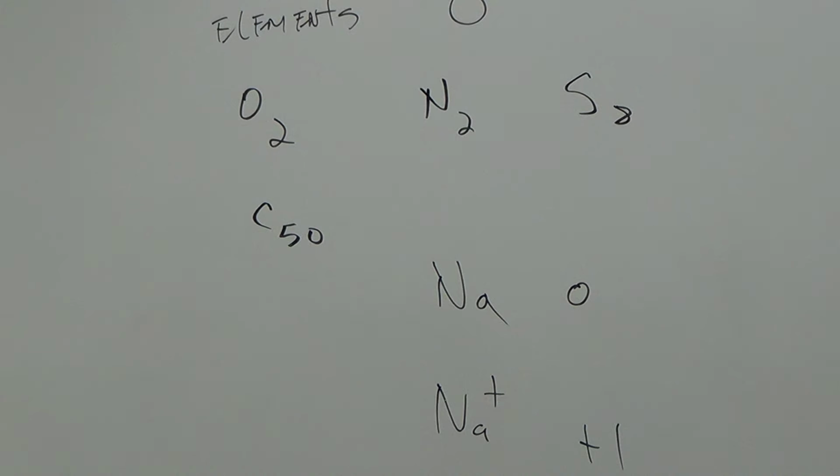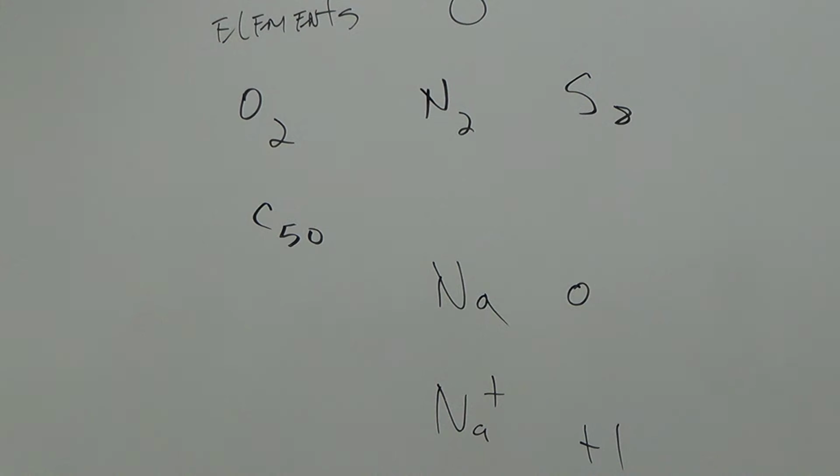Oxidation number of oxygen when it's bound to something else, because if it's oxygen by itself, O2 is 0, yes? But when it's bonded to something else, what? So, the oxidation number of oxygen when it's bonded to something else, it's always -2.